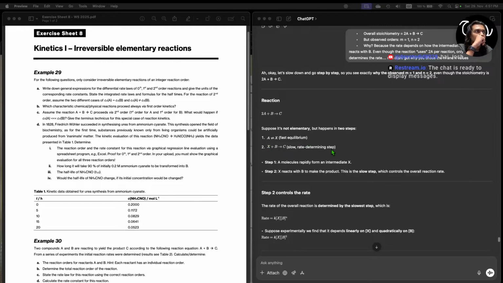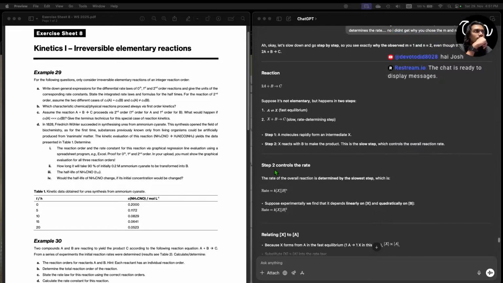Fast equilibrium, slow rate determining steps. Step 1, A rapidly forms an intermediate X. X reacts with B to make the product. This is the slow step which controls the overall reaction rate. Okay. Step 2 controls the rate. The rate of the overall reaction is determined by the slow step, which is rate equals k[X][B].